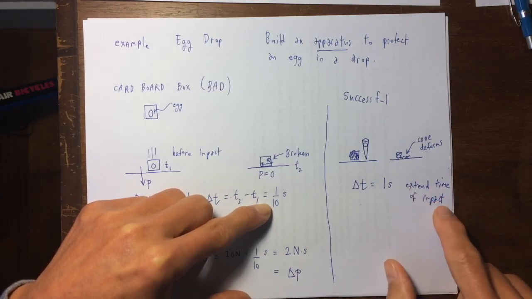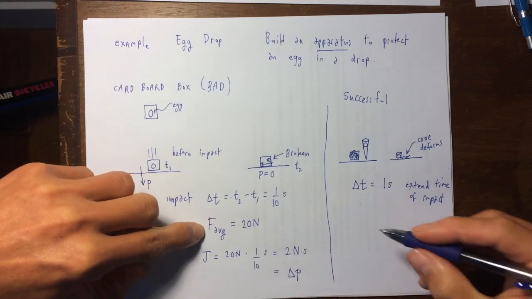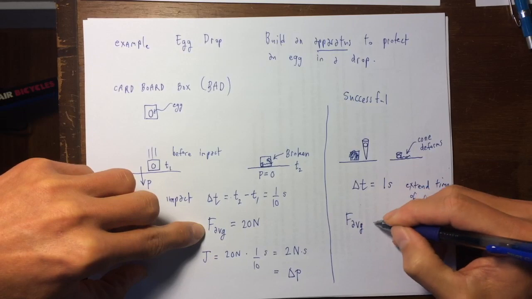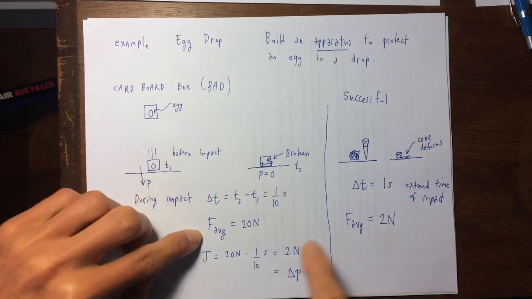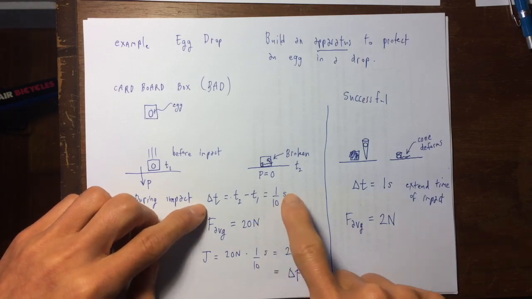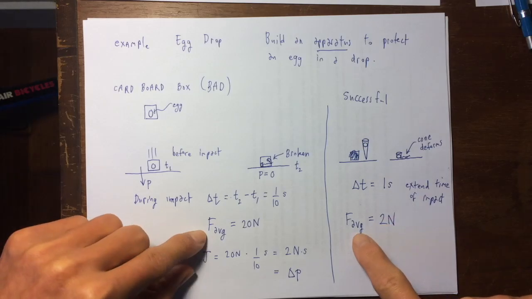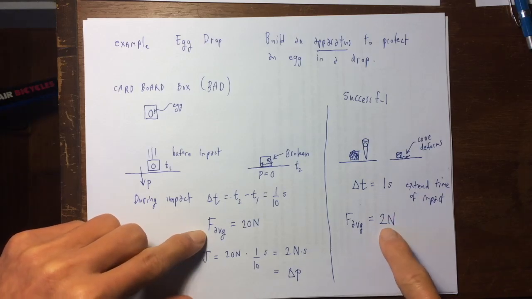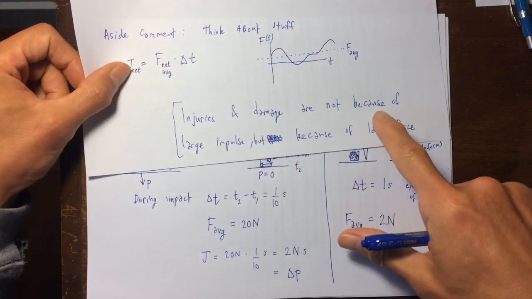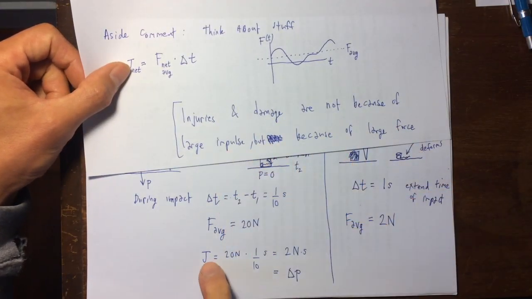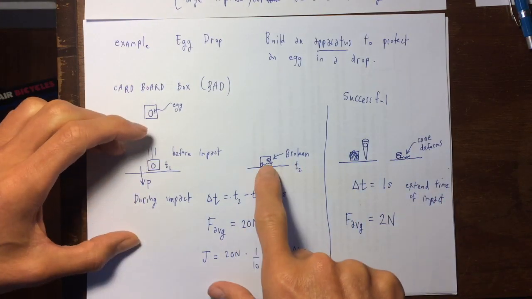And if you extend the time of the impact, you don't need as large of a force. It turns out that the force goes down to 2 newtons. That is, if I increase the amount of time by a factor of 10, then the average force required goes down by a factor of 10. Damage is not because of impulse, but because of large force. Here's the large force that broke the egg.